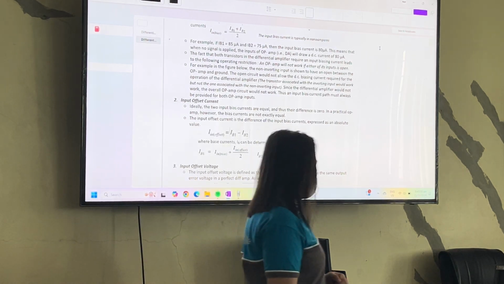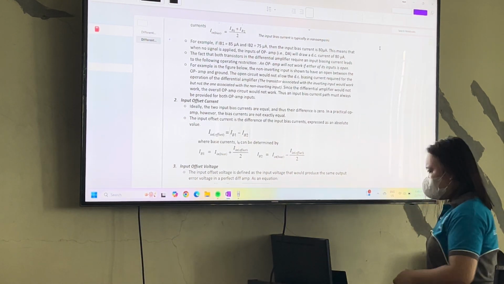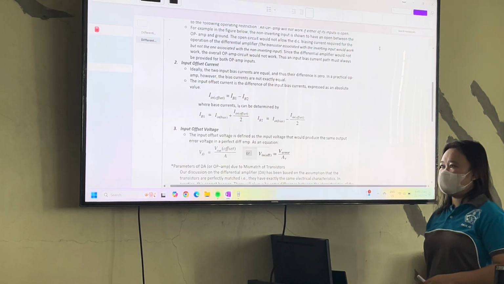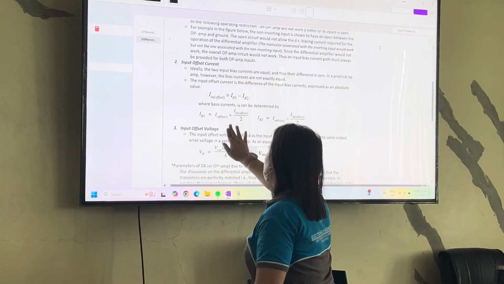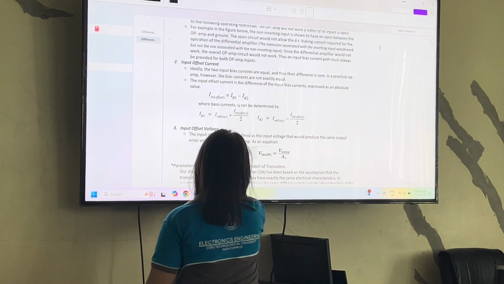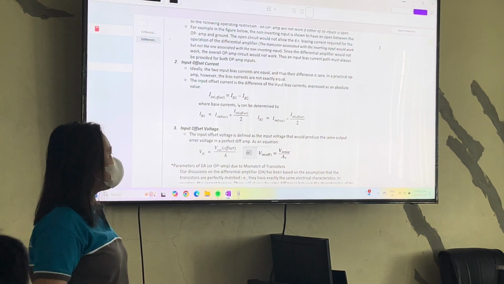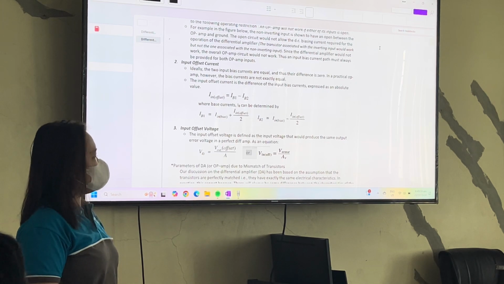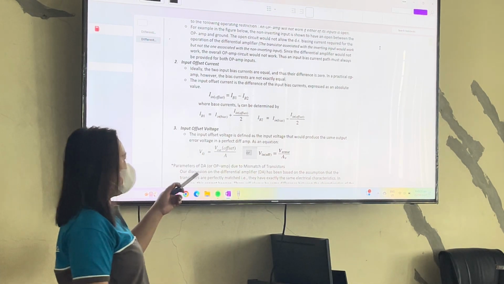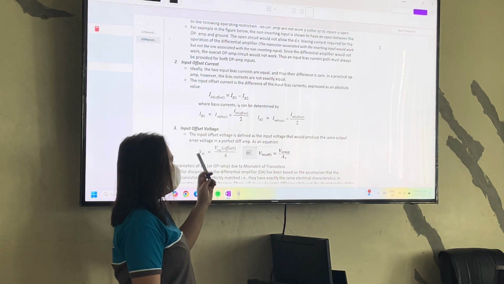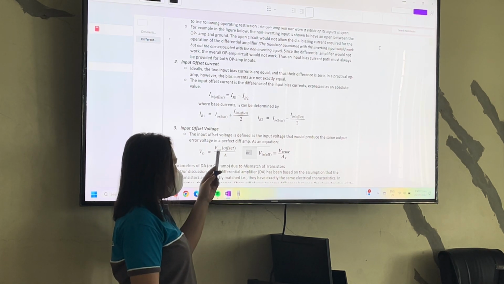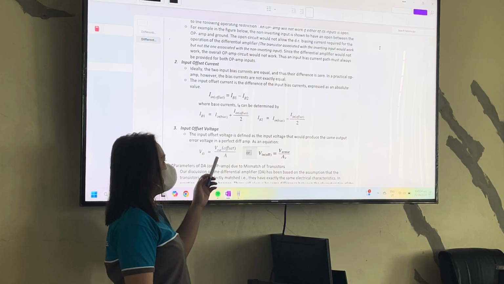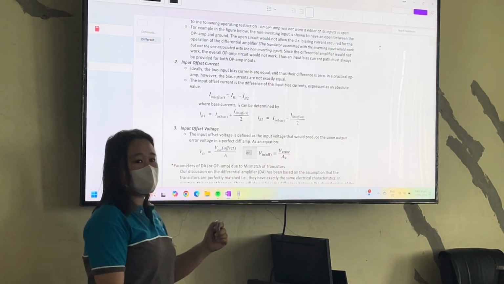Next, we have the input offset voltage. The input offset voltage is defined as the input voltage that would produce the same output error voltage in a perfect differential amplifier. So, we have two equations here. We have the input offset voltage equal to the output offset voltage over our differential gain.